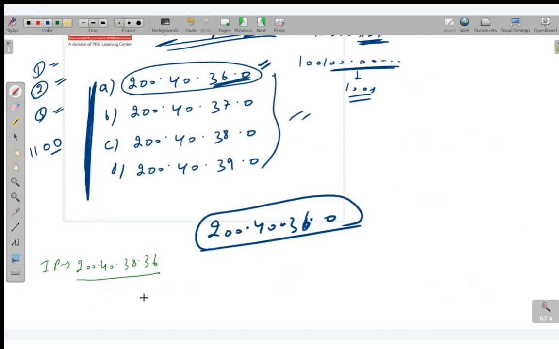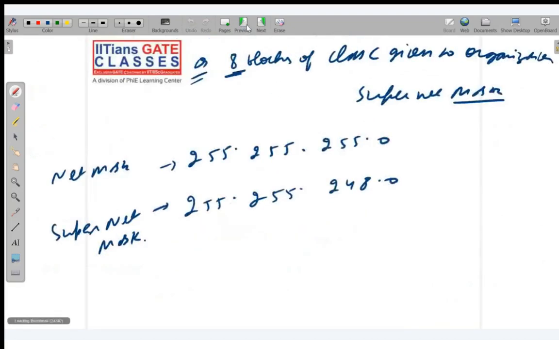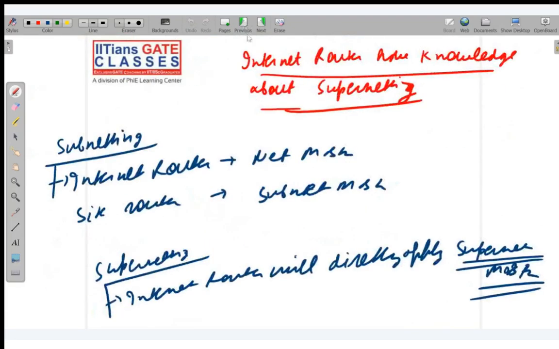Now how will it find this number? I told you it will AND with the supernet mask. Now there is no netmask here. Internet router will directly apply the supernet mask. I have told you.